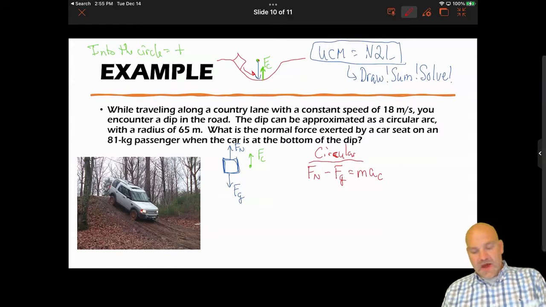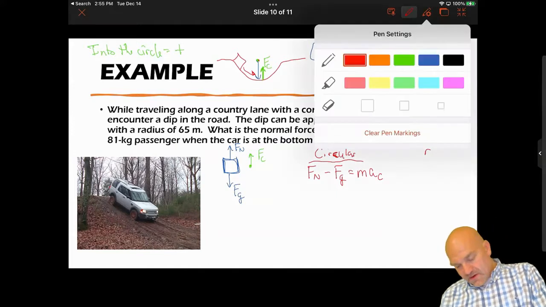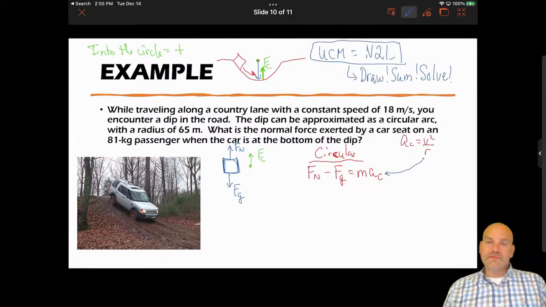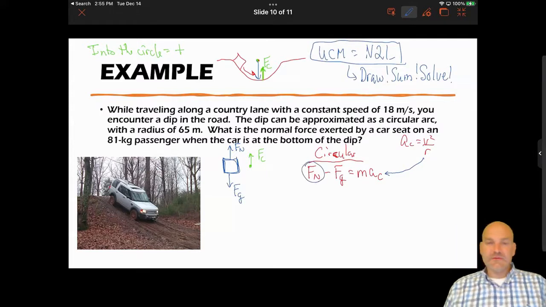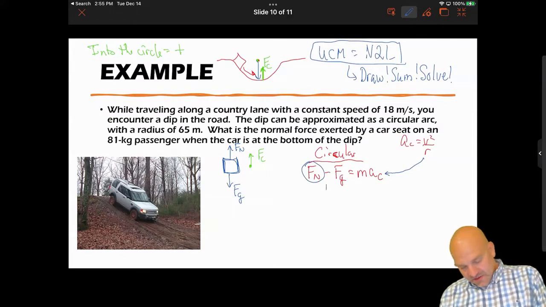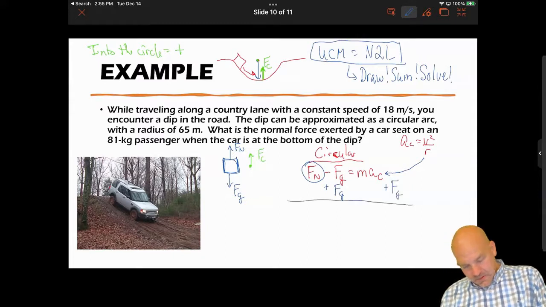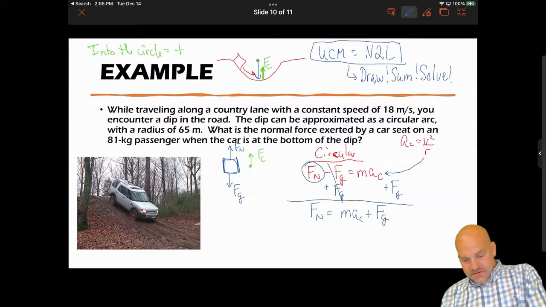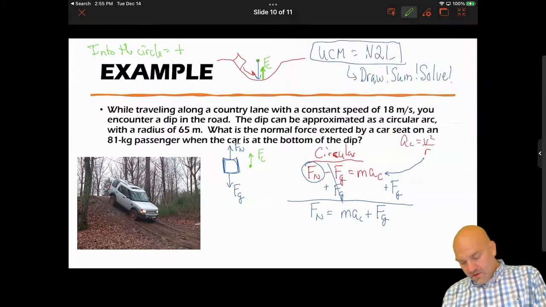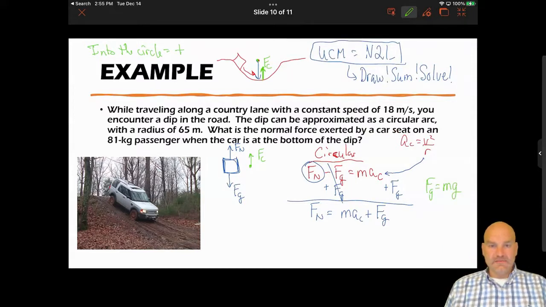Okay. Now we know a_c is equal to v squared over r. So what I'm going to do right now is take that and plug it in there. Actually, let's do the algebra first. I'm looking for this, and so all I simply have to do is add that over. And so I get normal force equals m a_c plus Fg. But recall from Newton's second law, or from Unit 2, Fg equals mg.